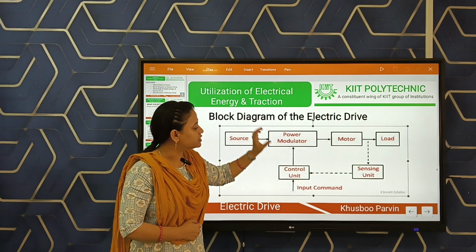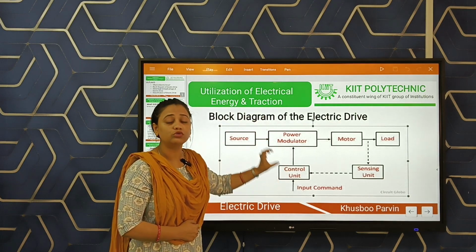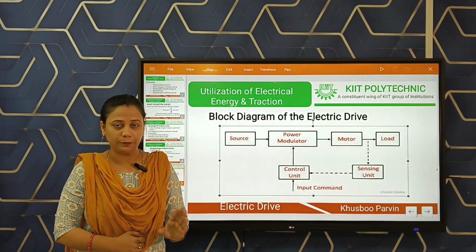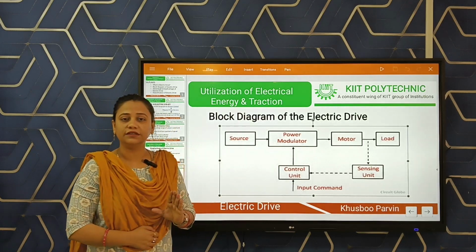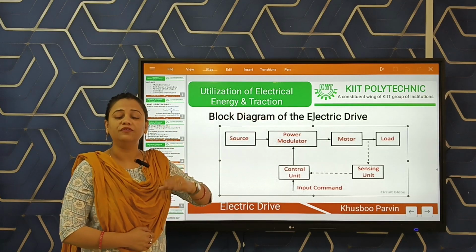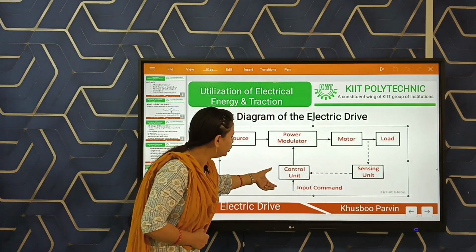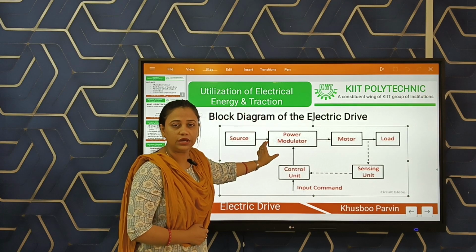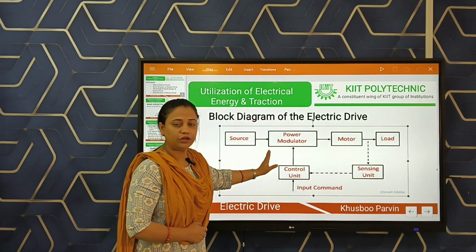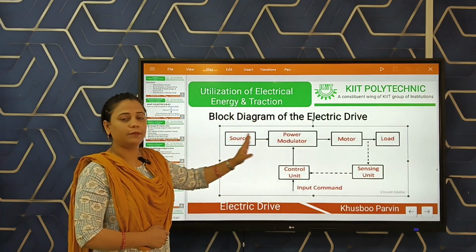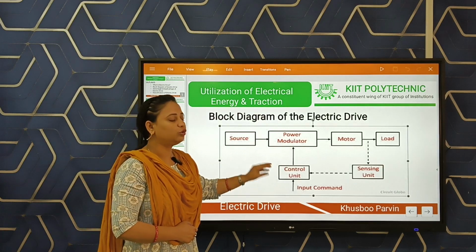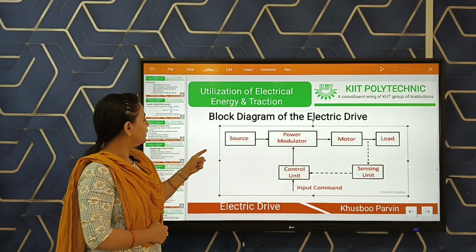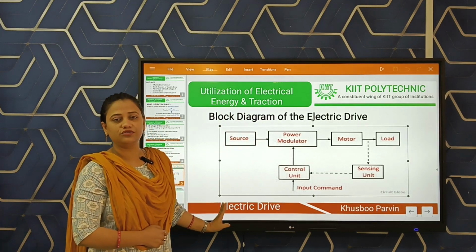So basically, your sensing unit is employed to sense the drive parameters for protection purposes. After sensing, it will give the signal to the control unit, and the control unit will pass that signal to the modulator. According to that, the modulator will modulate the required amount of parameter in order to protect the electrical drive. So this is the block diagram of the electrical drive.